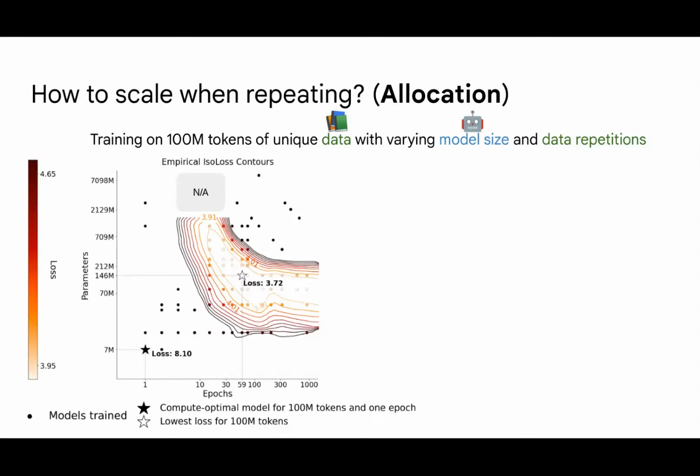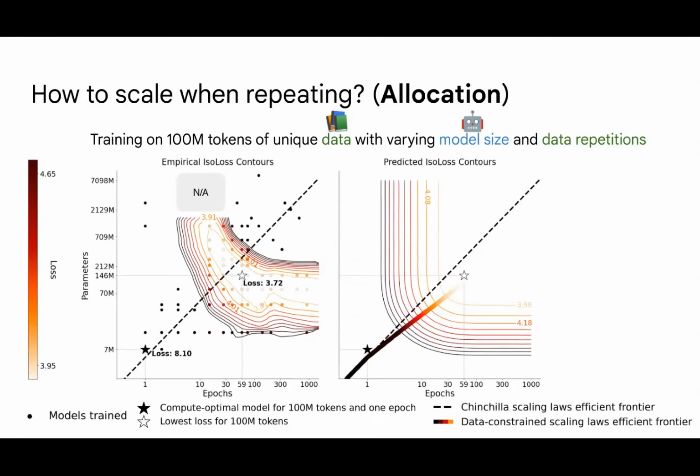If we draw a contour plot around these points, we will see that we get an elbow-shaped curve, slightly below the Chinchilla line. The points below the contour curve make sense. If we are willing to use more compute, we can decrease loss by either increasing parameters or increasing repeats.